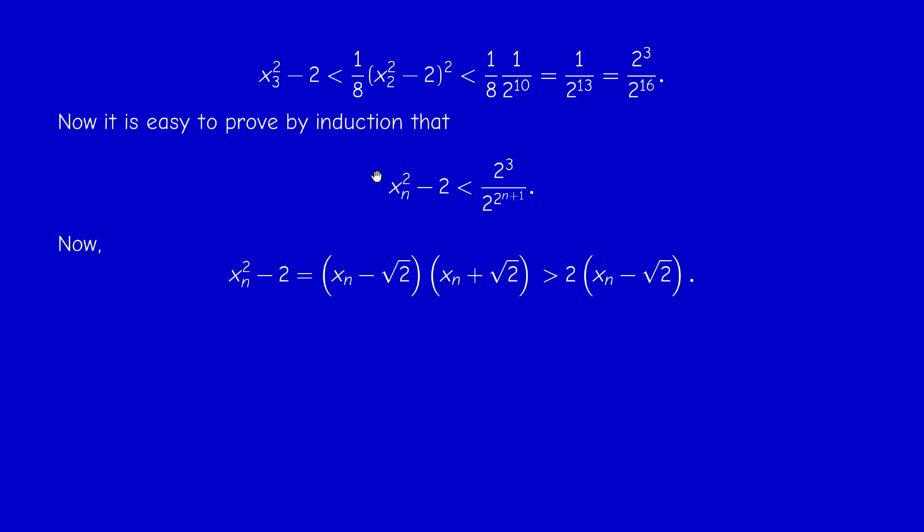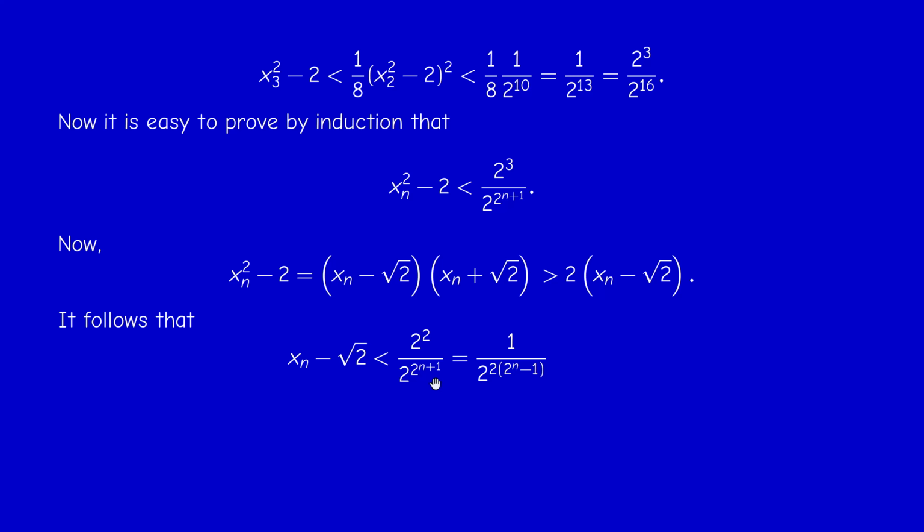Okay, so I get 2 times |x_n minus radical 2| less than 2 to the 3 over 2 to the 2 to the n plus 1. So when I divide by 2, I get 2 squared here. So the absolute error is less than 2 to the 2 over 2 to the 2 to the n plus 1. And I can rearrange that. I can write this in several ways, actually, if I do the math.